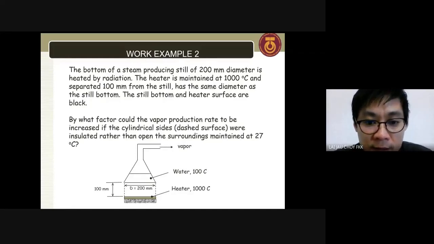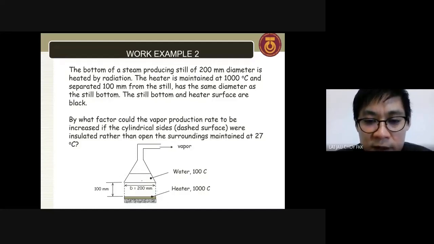The heater is maintained, so you have a heater down here. Heater's temperature is 1000 degrees Celsius, separated 100 mm from the steel, and has the same diameter as the steel bottom.